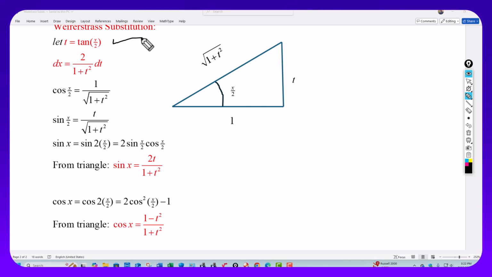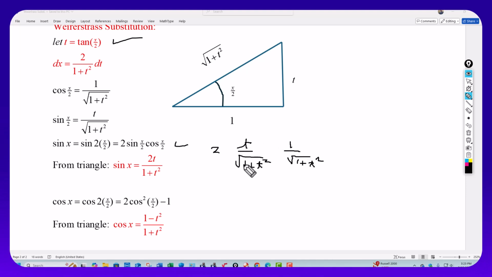Okay, so we're talking about 2 substitutions here. So from here, I have 2 sine x over 2 cosine x over 2. So look at the triangle here. Got the 2 there, and then the sine of x over 2, opposite over the hypotenuse, times the cosine, that's the adjacent over the hypotenuse.